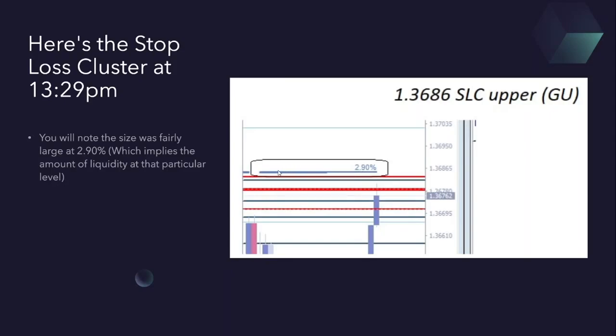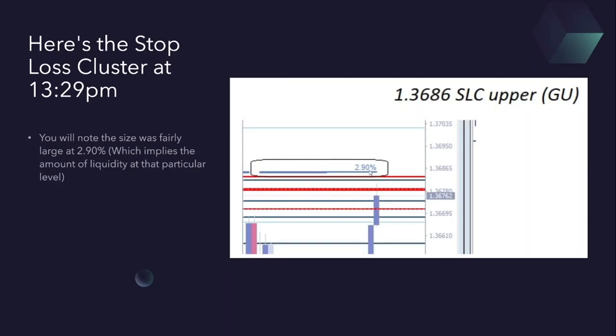We don't have visibility about how much that is in raw form, but it's quite a large size. They tend to get no larger than 10%. We've never seen a large stop loss cluster that exceeds 10%, but 2.9 is quite healthy and substantial, and it's quite a historic stop loss cluster as well, which we can see over time.